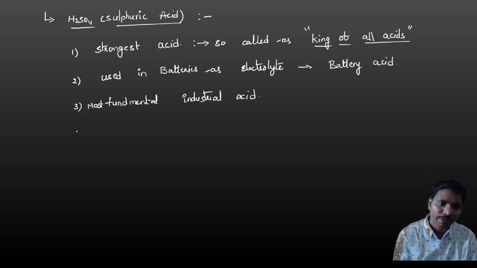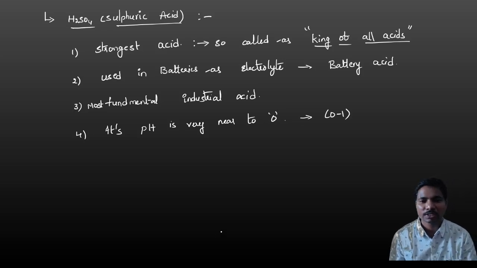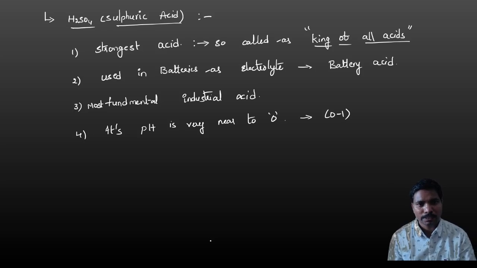Okay, and why can you say it is a strong acid? Its pH is very near to 0. That means its pH is between 0 to 1. Note down all these points.